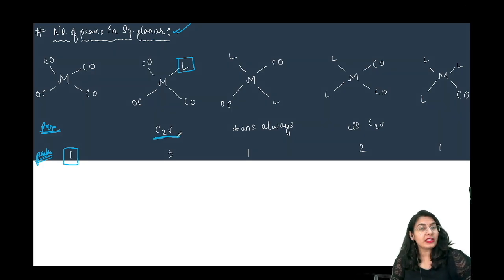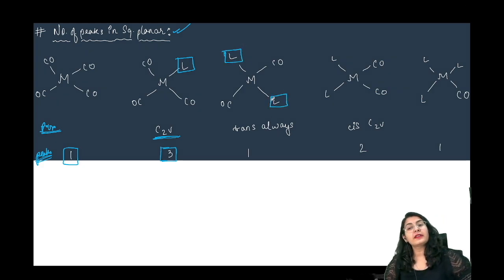How many carbonyls are there in C2V? 1, 2, 3. So the number of carbonyls equals the number of peaks, 3. Then we move onward. I'll keep 2 ligands on the axial position like this, trans position. Alright, so what is the trans going to be? Always 1. Trans is always 1.